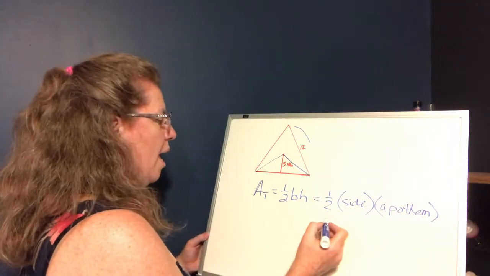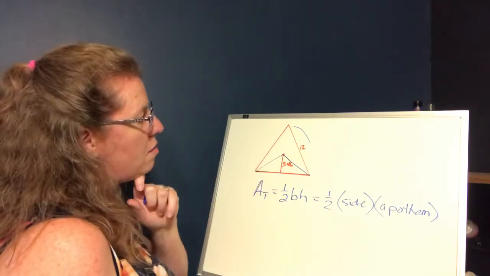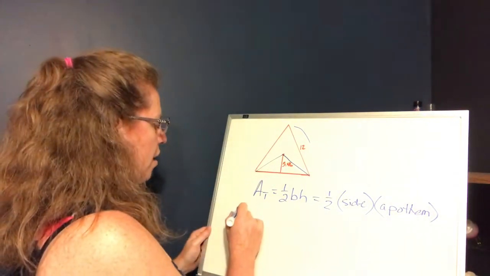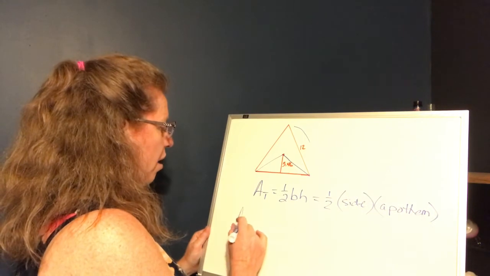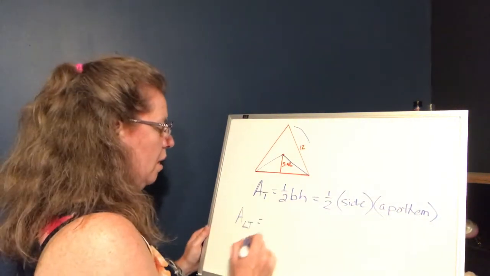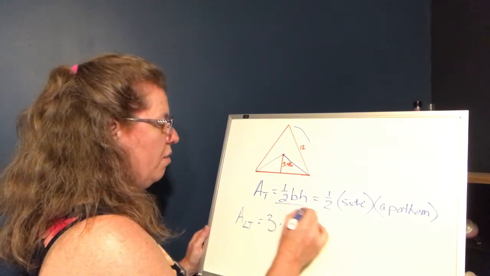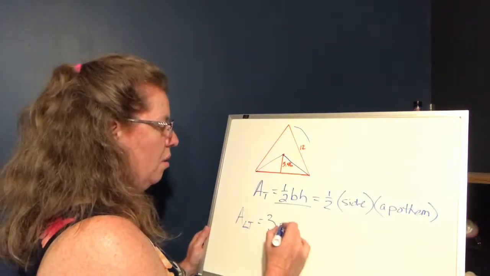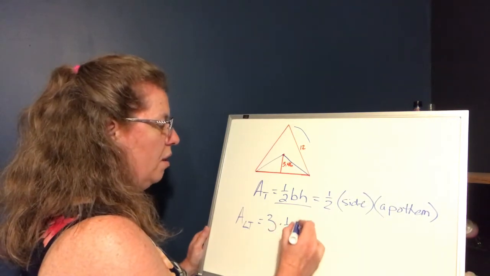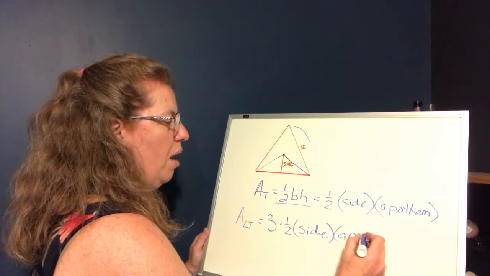Since there are 3 triangles, let's do that in the whole thing. The area of our regular triangle is 3 times 1/2 times the side times the apothem.